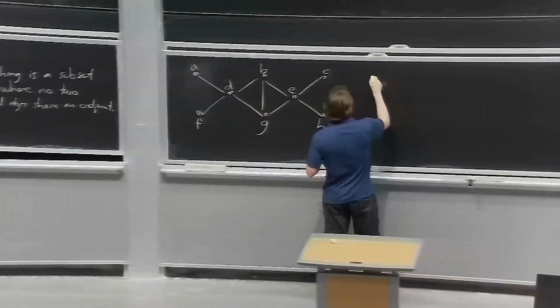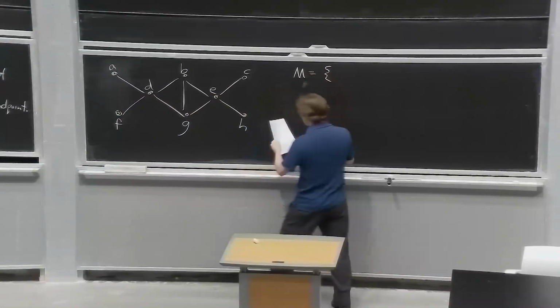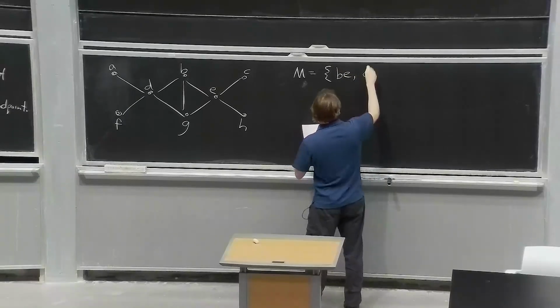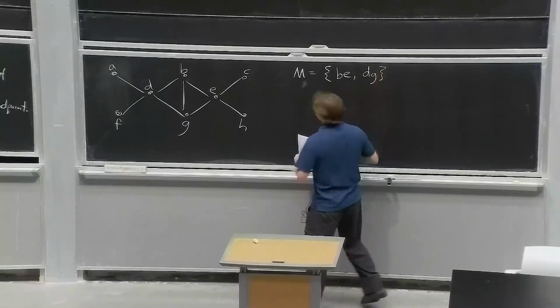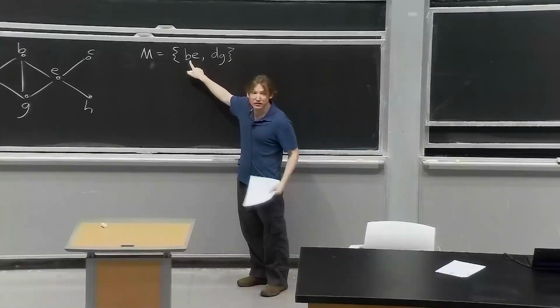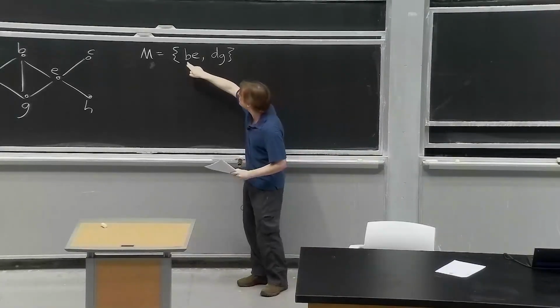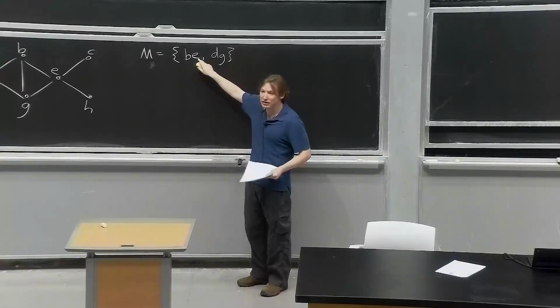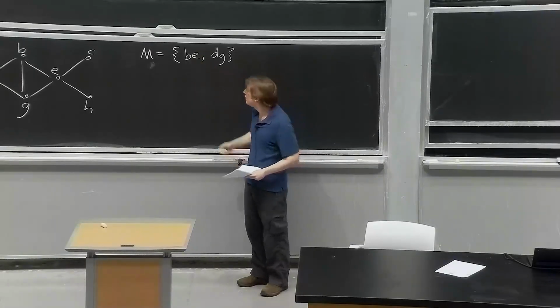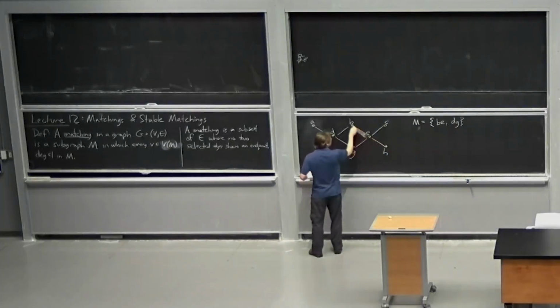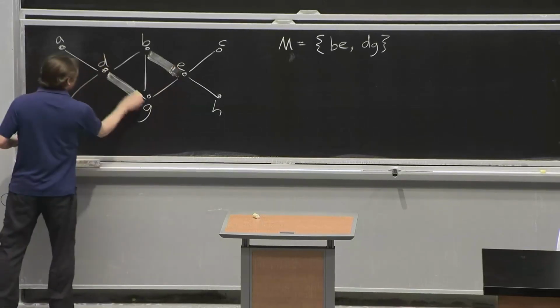An example of a matching is M. This is going to be just the edges BE and DG. This is an alternative notation for edges, by the way. Instead of writing the set B, comma, E, close curly brace, I can just write BE next to each other, and it's clear we're talking about those two vertices. So we're dealing with the edge BE, so that's this edge, and the edge DG, which is this edge.